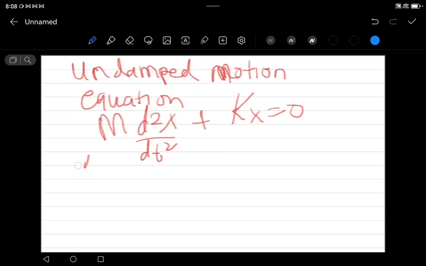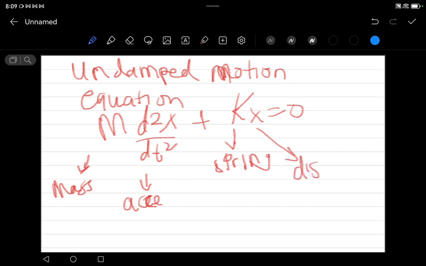M is for mass, k is for spring, and this is acceleration, and x is displacement. So we have the mass, the acceleration, the spring, and the displacement.